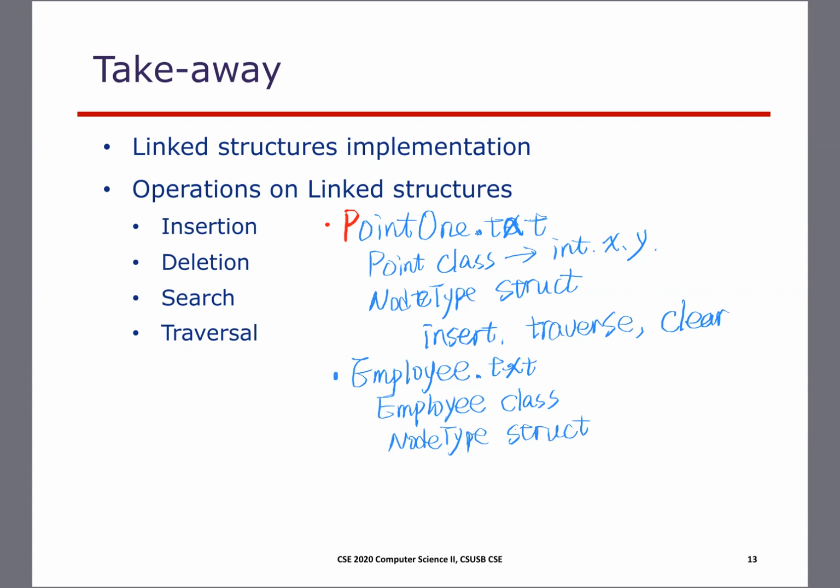So we will see the insert operation, search a target employee, and search and remove the target employee. And traverse, print all the employees in the linked structure, and clear the linked structure, remove all nodes.